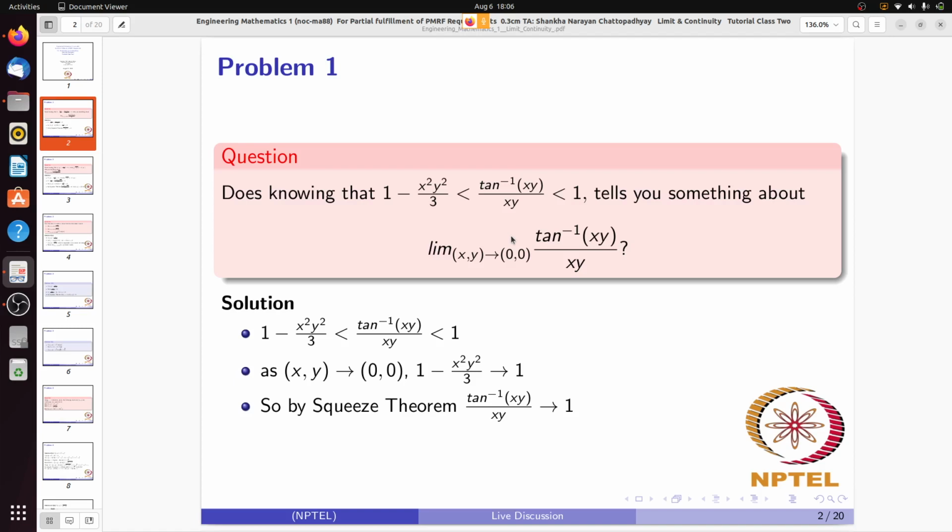First we have to understand the question. The question tells us that tan inverse xy by xy is always bounded by the two functions 1 minus x square y square by 3 and the constant 1.